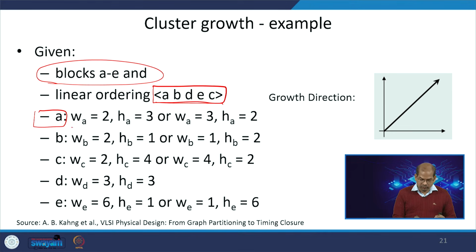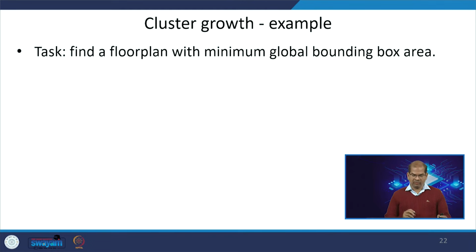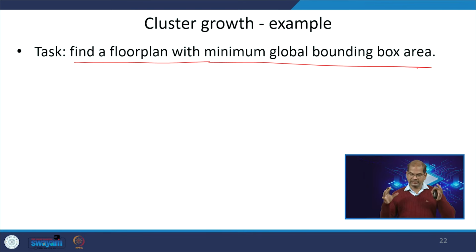Let us say the width of block A is 2 and the height is 3, or the width is 3 and the height is 2, but the area of the block is the same. The area of block A is 6. Similarly, each of the other blocks has two orientations. Our final task is to find a floor plan with minimum global bounding box area, so we will place the blocks in such a way that we have minimum bounding box area.